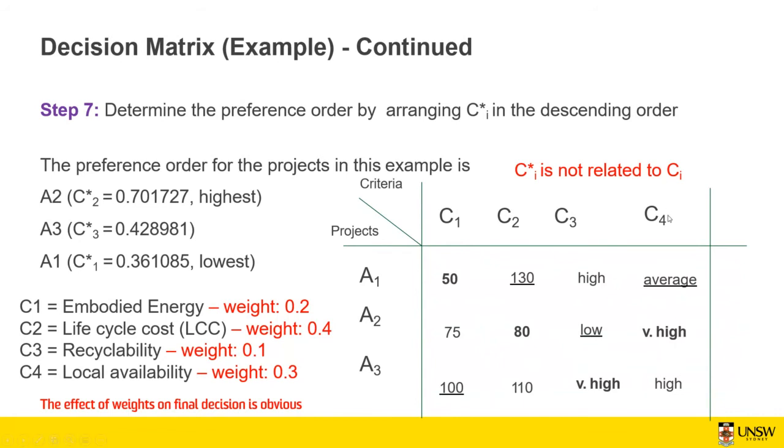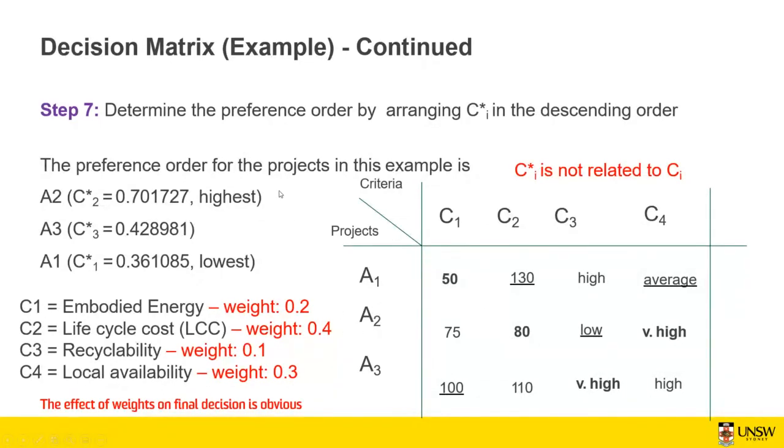And in terms of local availability, it's very high, which also gives the bold value here. As you can see, the weight you put for C2, which is the life cycle cost, is the highest, 0.4, and project A2 provides the lowest life cycle cost.